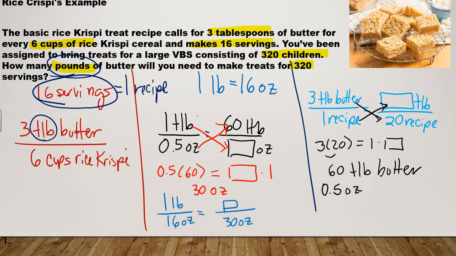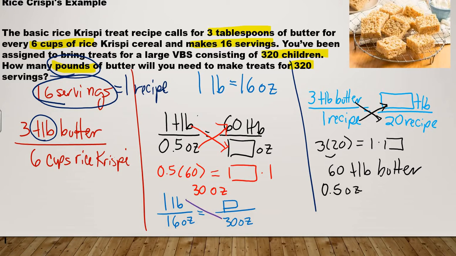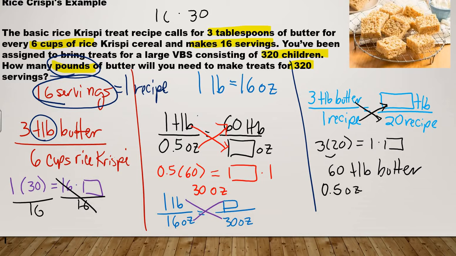That's our unknown. Cross multiply. And that's 1 times 30 equals 16 times unknown. I want to get that unknown by itself, so I'm dividing by 16. So it's basically 30 divided by 16.